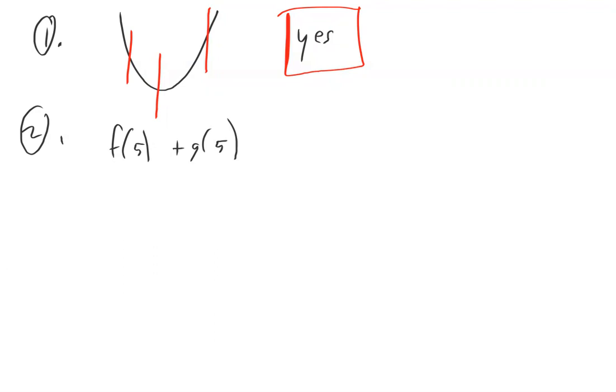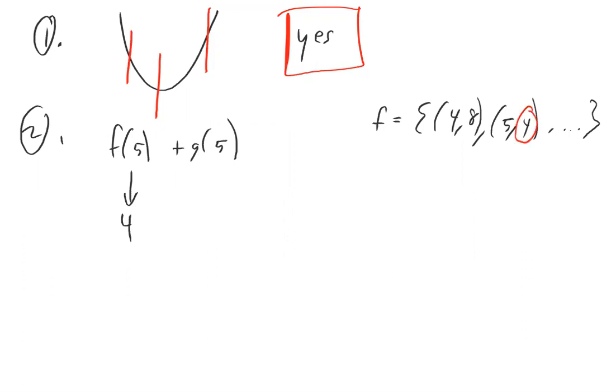One of the points that's in f is the point 5, 4, and then f just keeps on going. So that means that when you plug in 5 into f, it'll equal 4 because of that 4 right there.